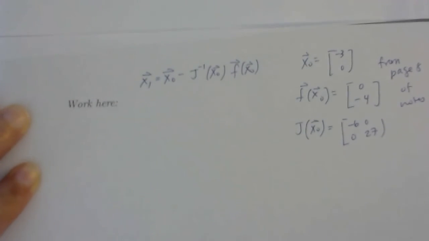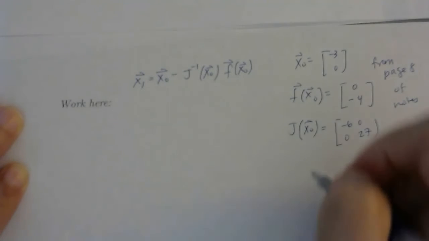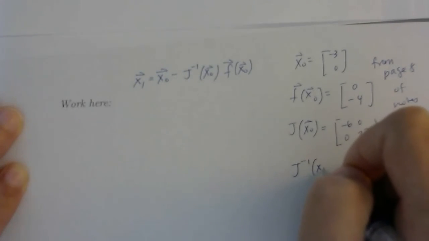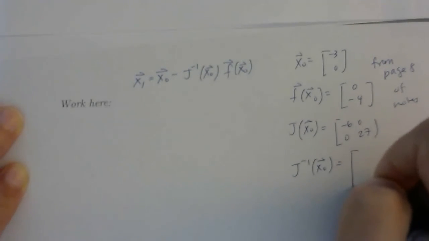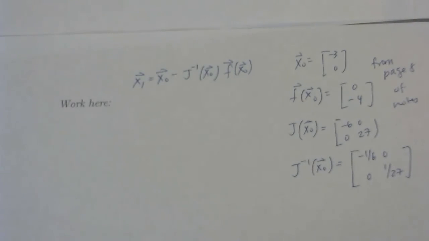Let me make sure you can see that. Okay. Great. So what's the inverse? It's a diagonal matrix, so that's really easy. So it's -1/6, 0, 1/27.